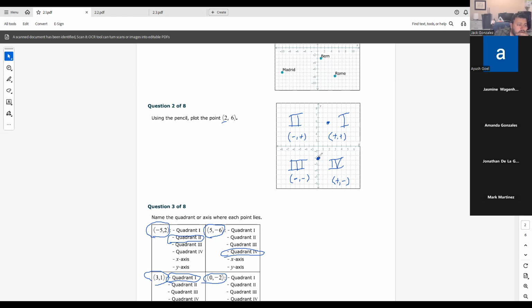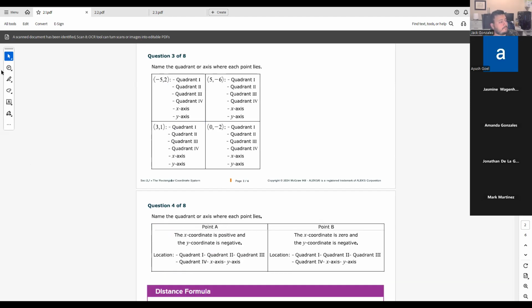So we're not in a quadrant. We're on the axis. Which axis is this? Yeah, it's going to be the y. Move downward. So we said 2, 4, 1, y.